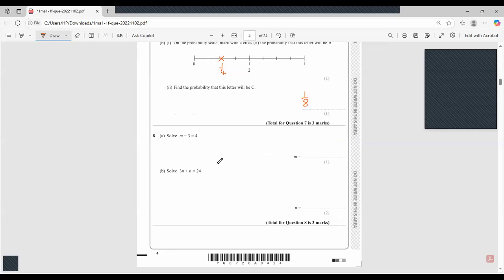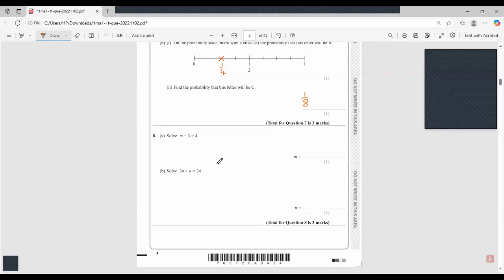Look at number 8 very well. You would move the 3 and then it'll become positive, right? So M will be equal to 7, right? Yes. For the bottom one, you collect like terms, right?